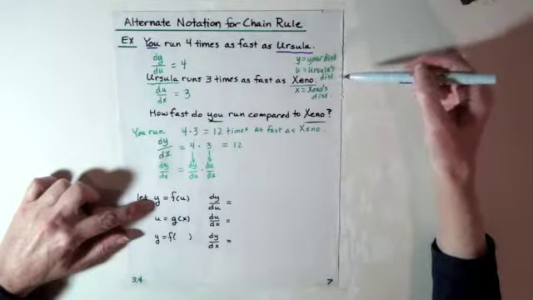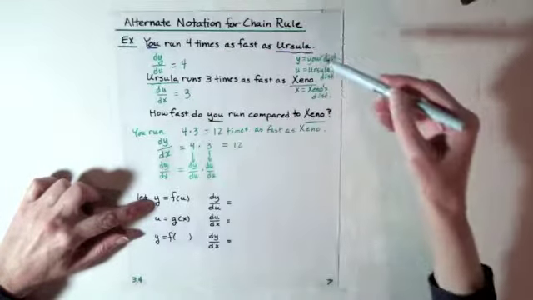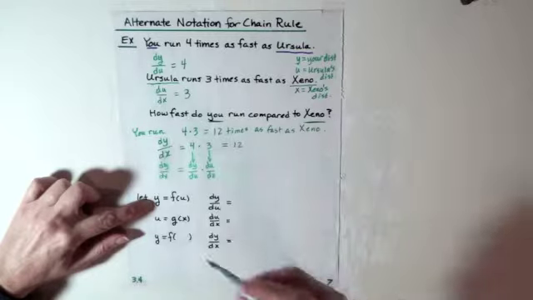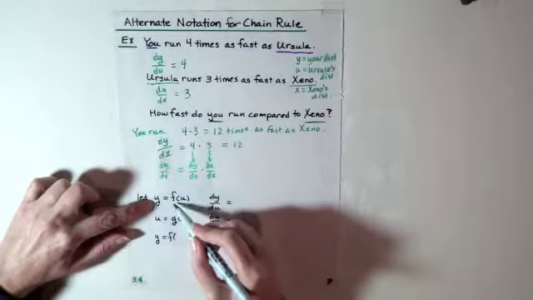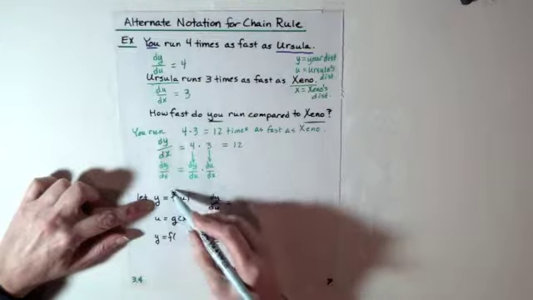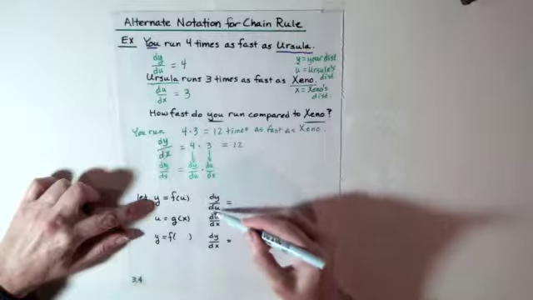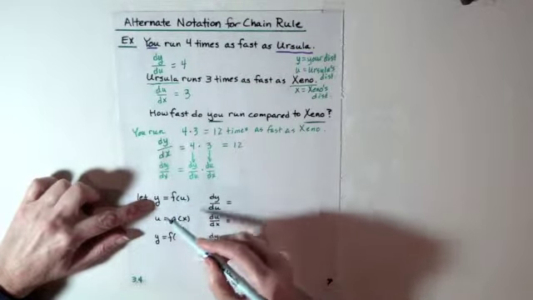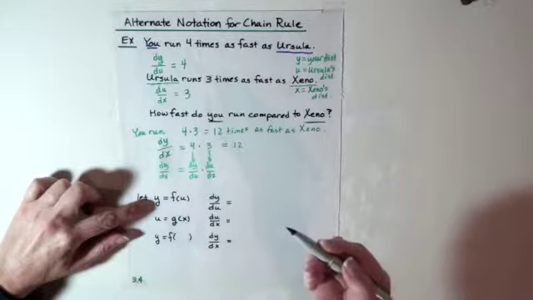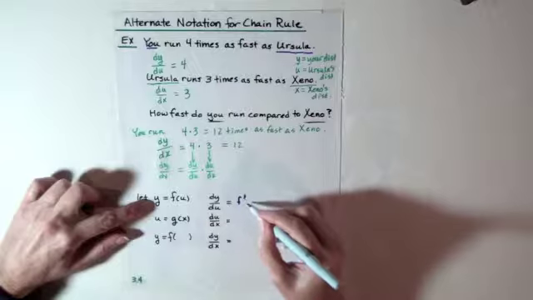Ursula runs some distance, means that you will run some distance, because we know that you run 4 times as fast as Ursula. So y is some function of u. Your distance is some function of Ursula's distance, and I'm calling that function f. Well, if I talk about dy du, that's really the derivative of this function, and I could use our alternate notation for the derivative. Instead of dy du, I could write f prime of u.